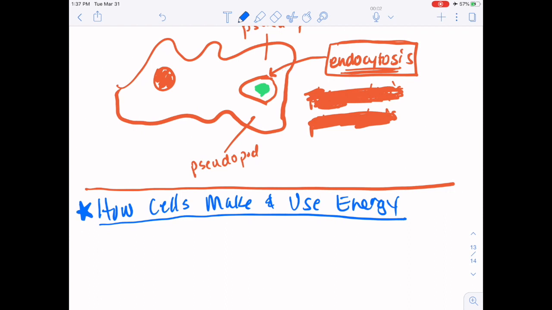It takes energy to do so many different things that cells do, and so there are a lot of different molecules that are required for this and a whole bunch of different concepts.